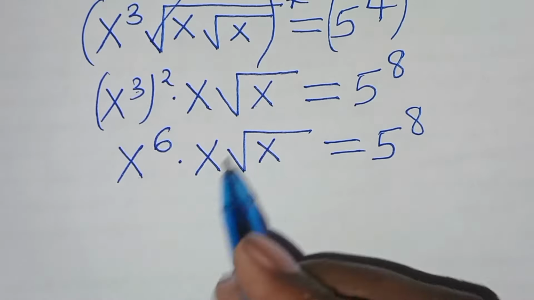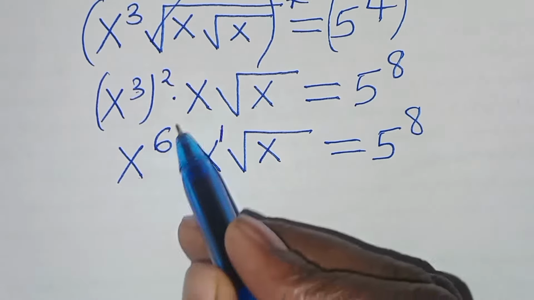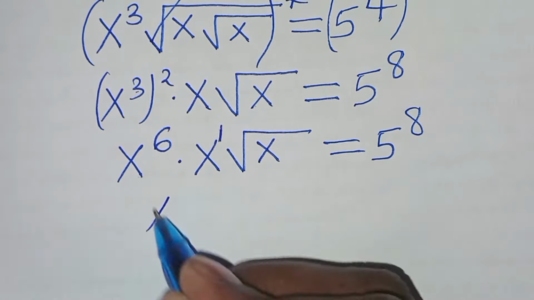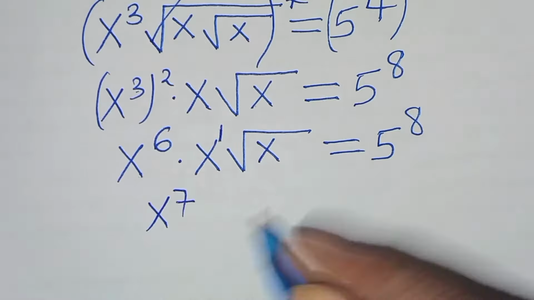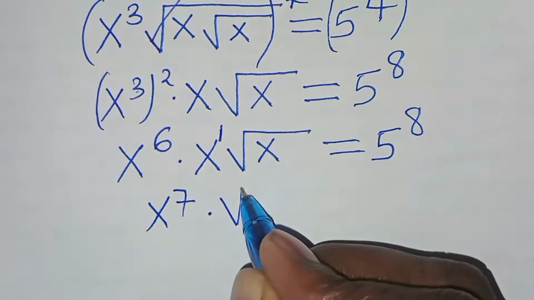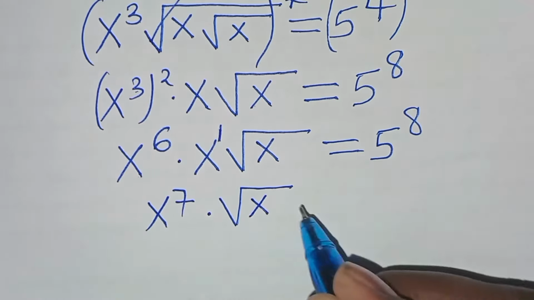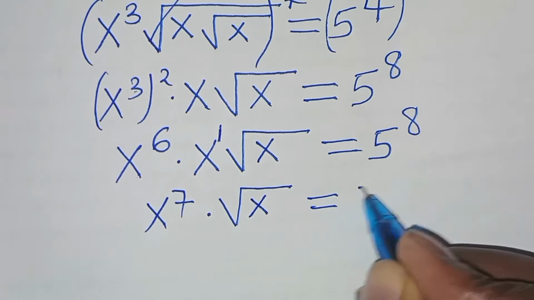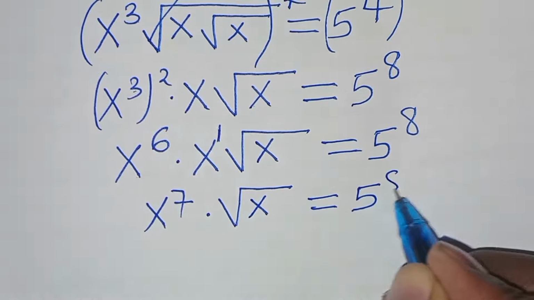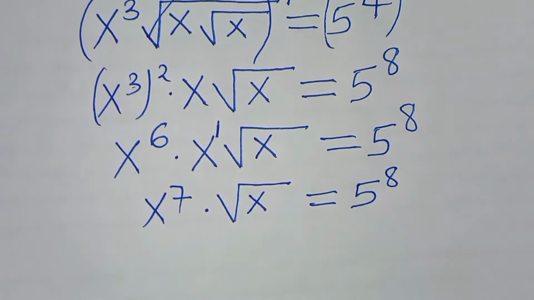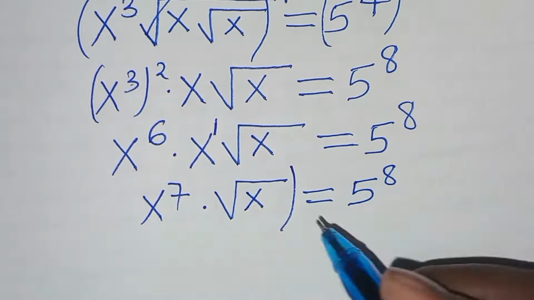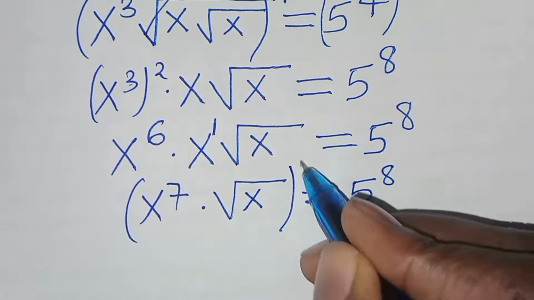So x to power 6 times x to power 1, so we'll have 6 plus 1. We'll have x to power 7 times the square root of x. This is equal to 5 to power 8. The next step here, we have to square both sides again.